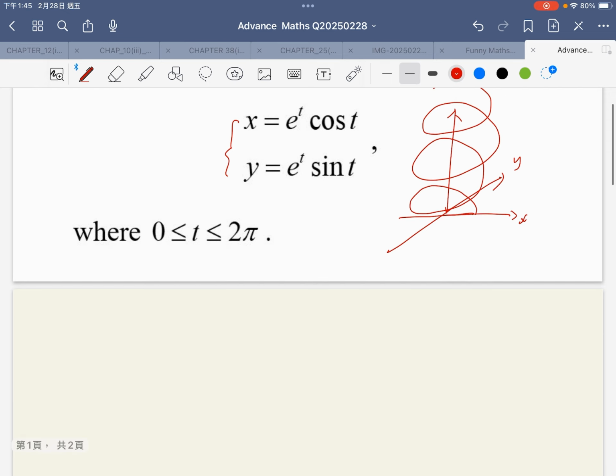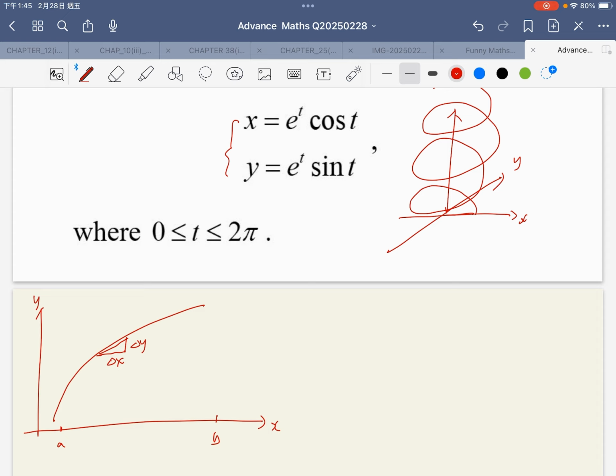curve. First, I recall that for a curve in that form from the domain A to B, we can separate it into small pieces of triangles, with this delta y and this delta x.